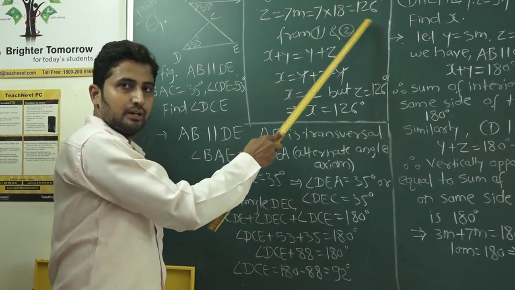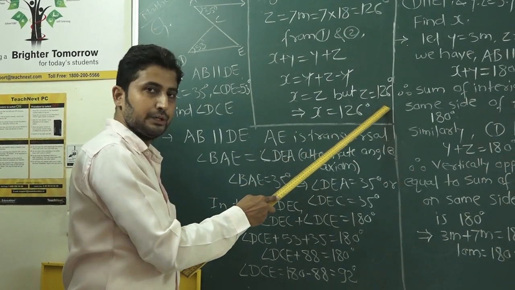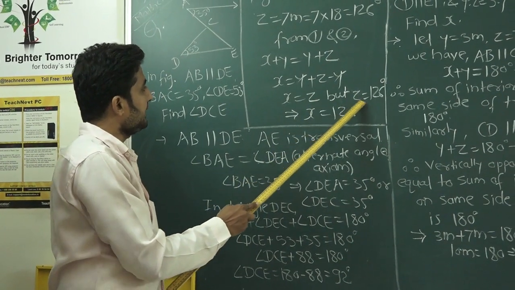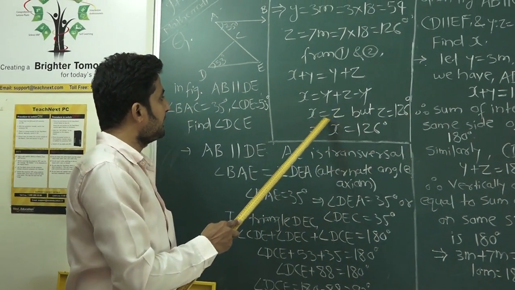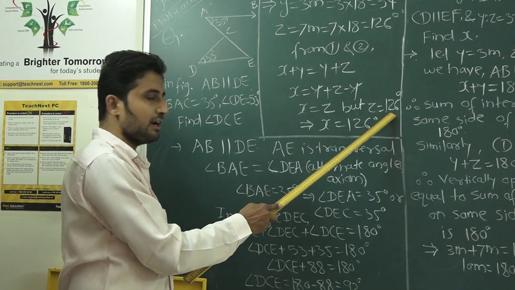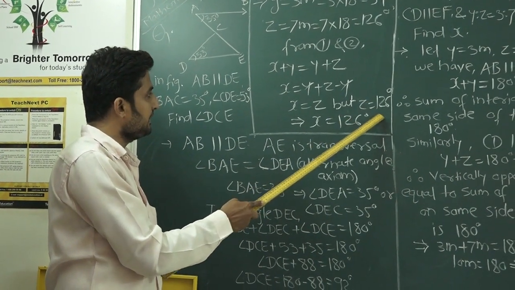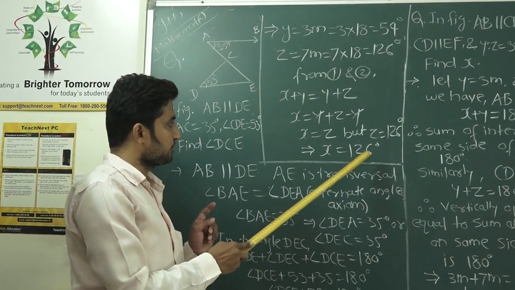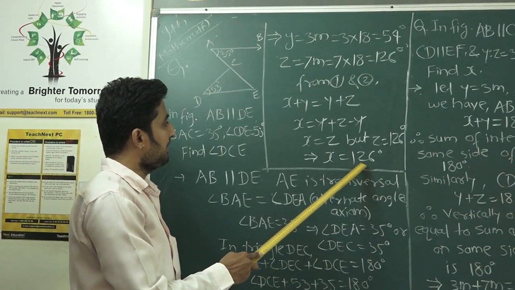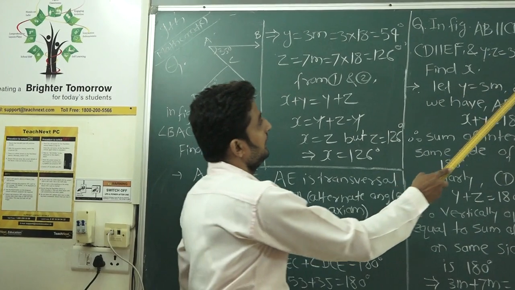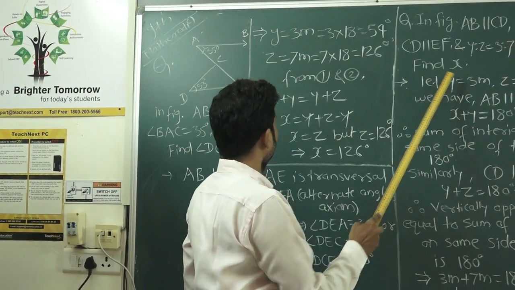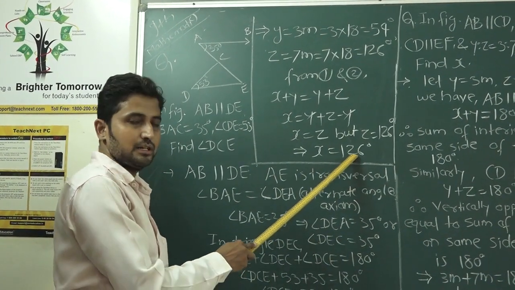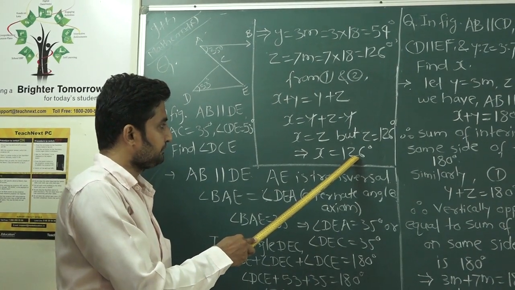We have just calculated z, that is 126 degree, right? So if z is 126 degree, it means x is also equal to 126 degree. That's why we have calculated the value of x. This angle x is equal to 126 degree.